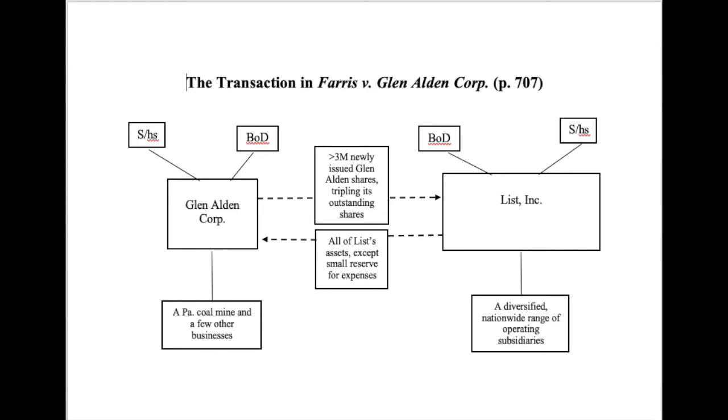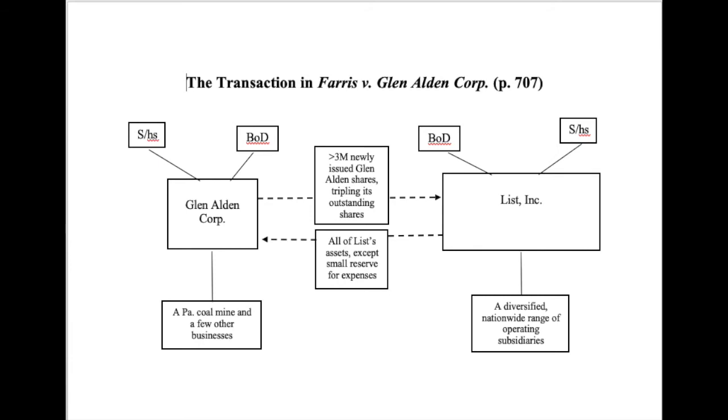Now, something to keep in mind is this is a very large number of shares issued by Glen Alden in comparison to its existing outstanding body of voting shares. Namely, Glen Alden had to authorize new shares, and the number that it authorized tripled the number of its outstanding shares. Now let's stop and just think about what that really means.